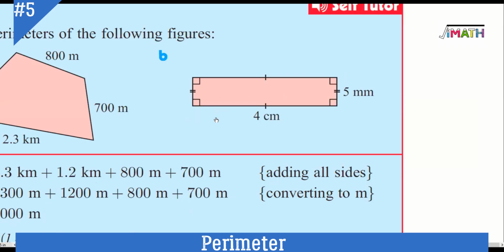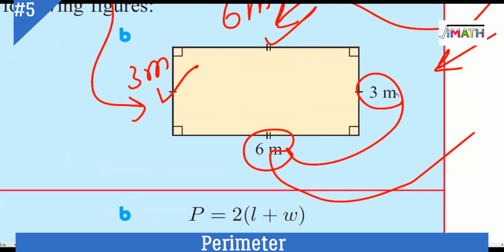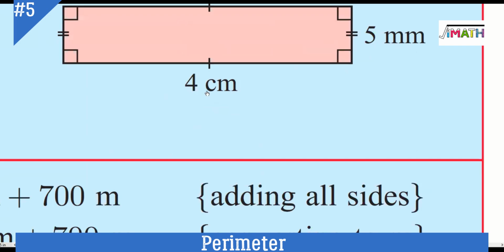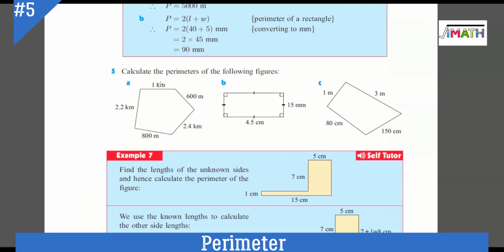In our previous examples, the length and width had the same units. So we need to make all the units the same, either centimeter and centimeter, millimeter and millimeter, or meter and meter. They should be the same. So if they are not the same, we need to make them the same.